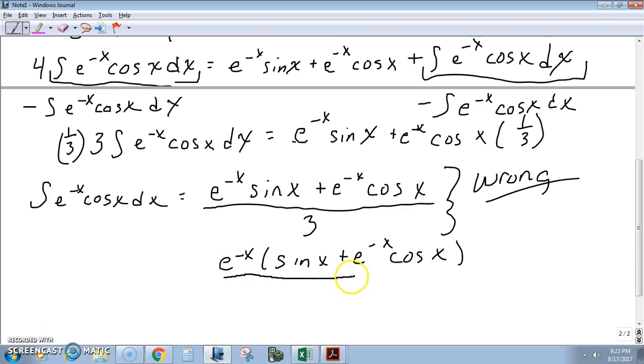Okay, I think this is closer. All over 3. But I think the difference is they had maybe a 2 out here in the back of the book. Anyway, this is where I got stuck.